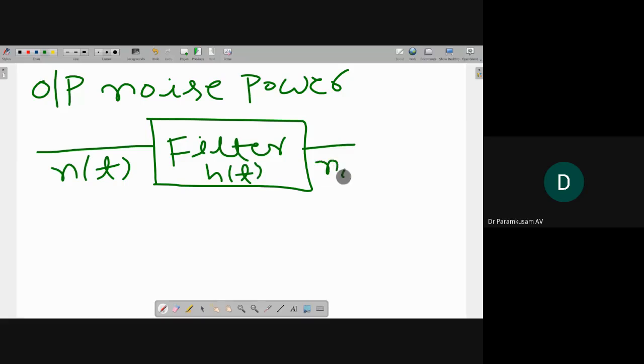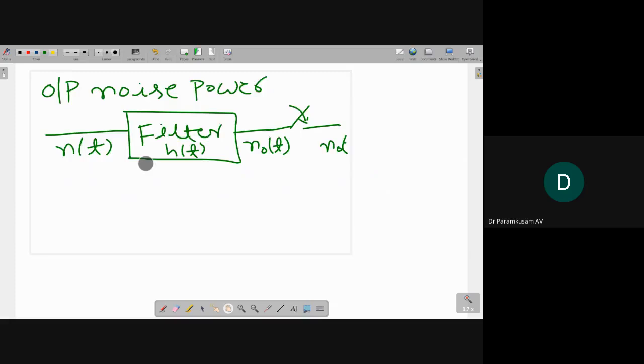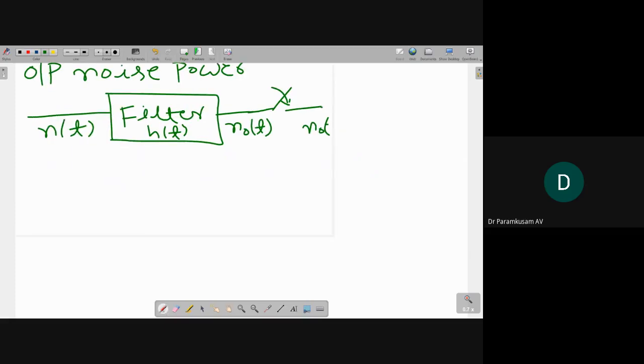The output of the filter is n naught of t. Now this signal is sampled, and you will get n naught of capital T.